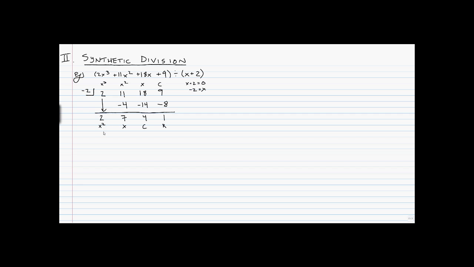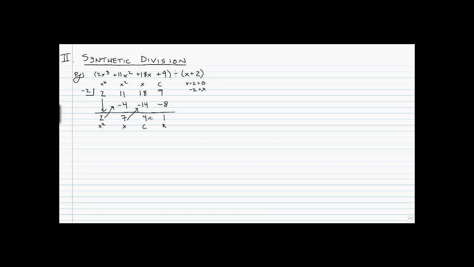Now, even as I'm going through this really quickly, let me just make sure again that this worked. So I brought down the 2, then I multiplied 2 times negative 2 to get negative 4. That's cool. Next, 11 plus negative 4 is 7. Then I multiplied 7 times negative 2 to get negative 14. That's cool also. 18 plus negative 14 is positive 4.